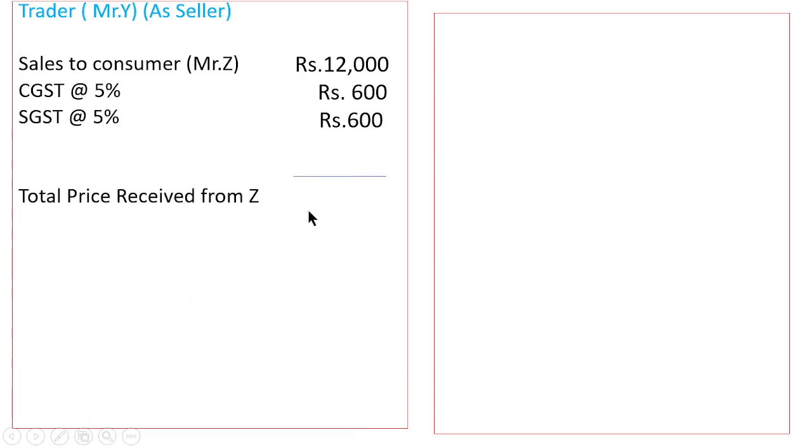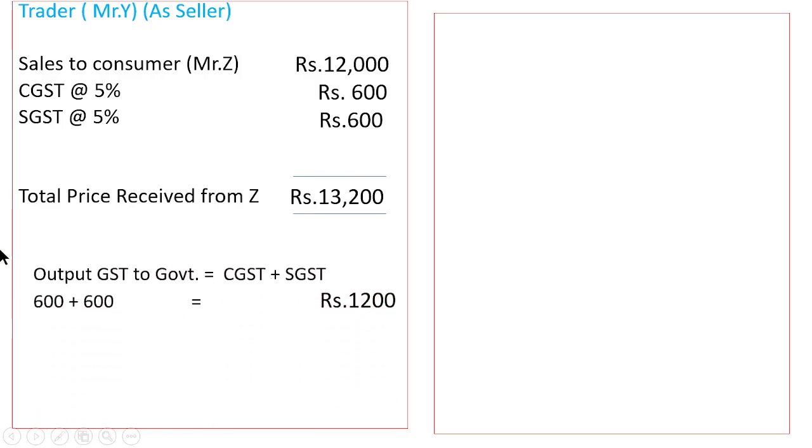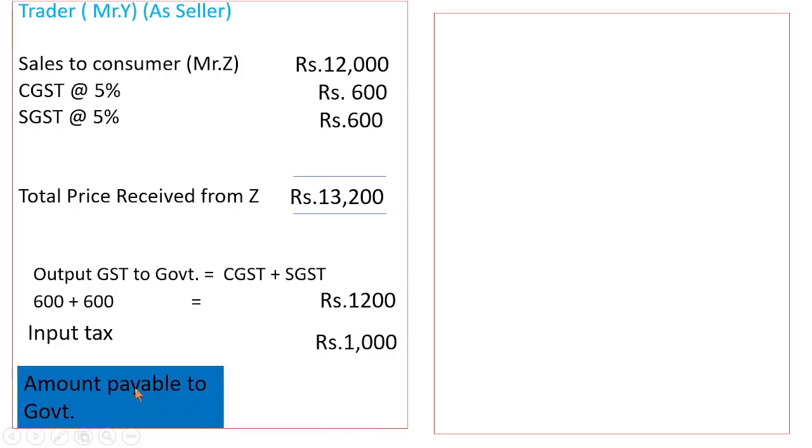Total price received from Z is 13,200. Here his liability towards the government is actually 1,200. CGST plus SGST collected is 1,200, but his input tax credit is 1,000, meaning 500 for CGST and 500 for SGST, which he already paid to Mr. X. So the net amount payable to the government is only 200.